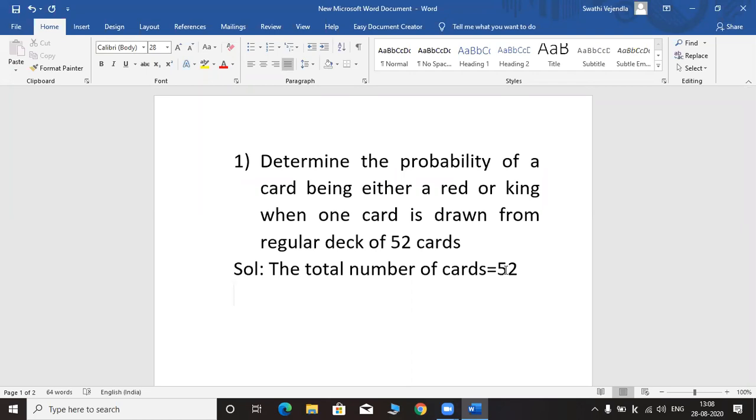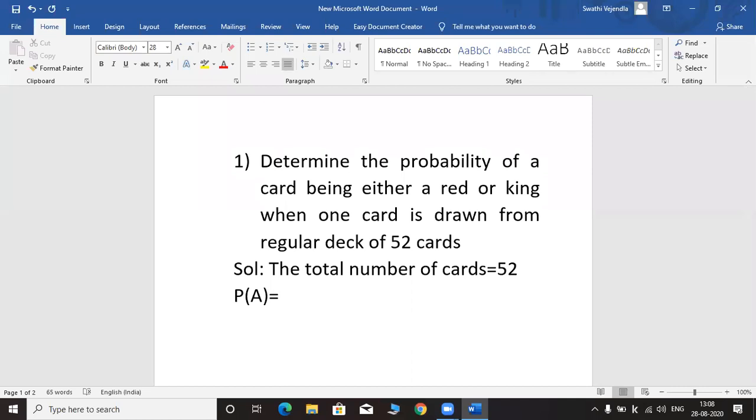Okay. So here, let us assume that probability of A is equal to how much? Here event A can be defined as drawing a red card from the deck of 52 cards.